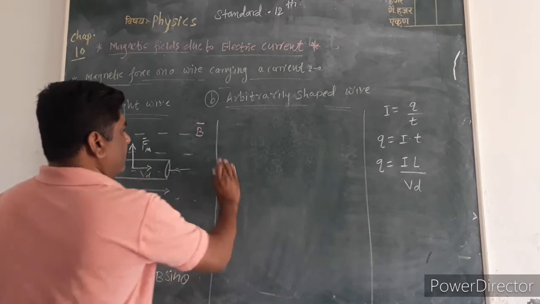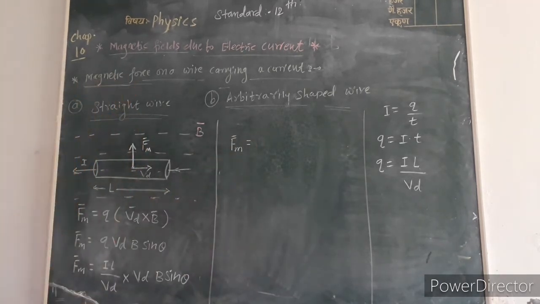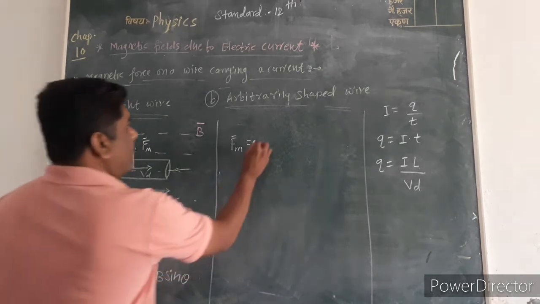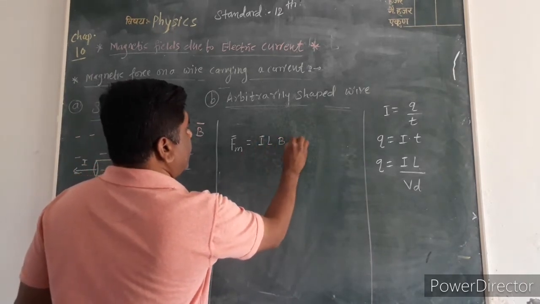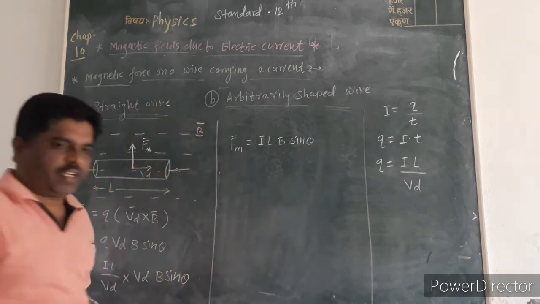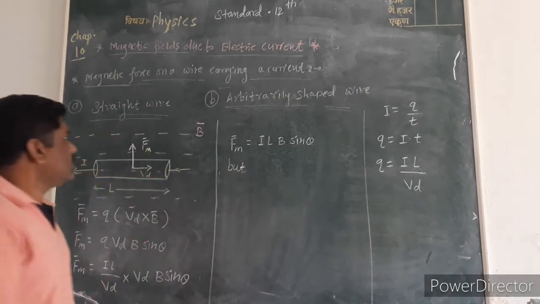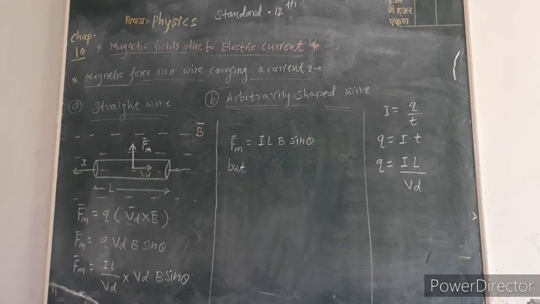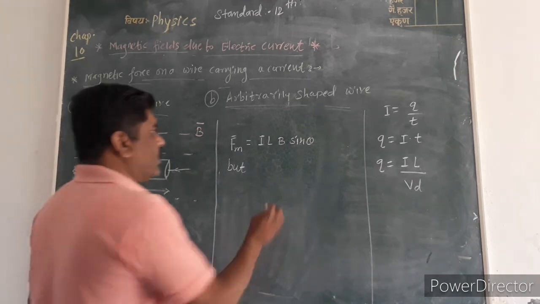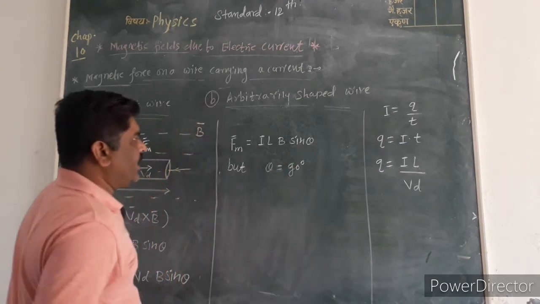Therefore, the magnetic force Fm is equal to, Vd cancels, I L B into sin theta. But the magnetic field and the length of the wire are perpendicular to each other, hence theta is equal to 90 degrees.